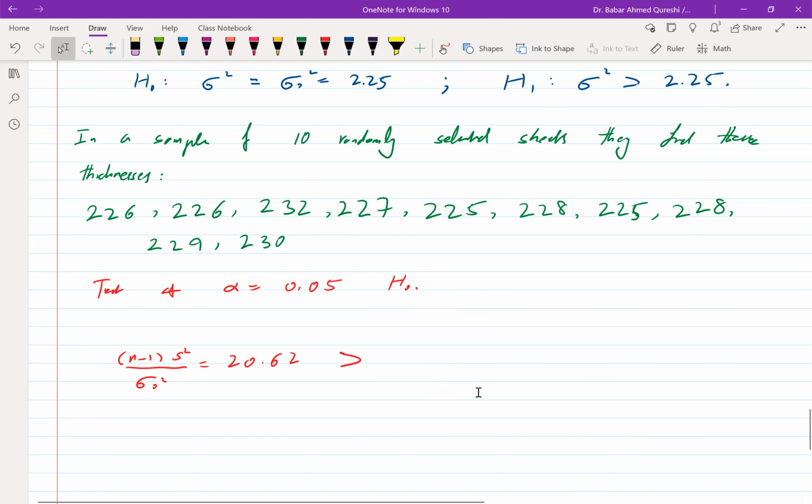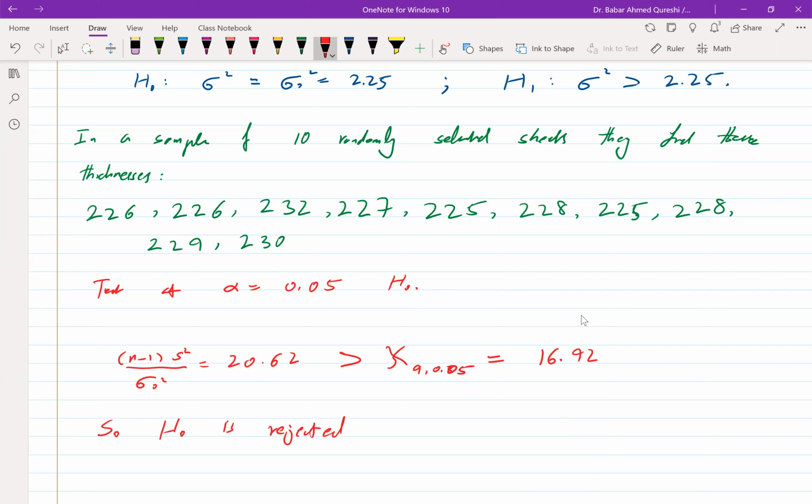And since it's greater than the critical value, which turned out to be 16.92, H naught is rejected at alpha equal to 0.05.